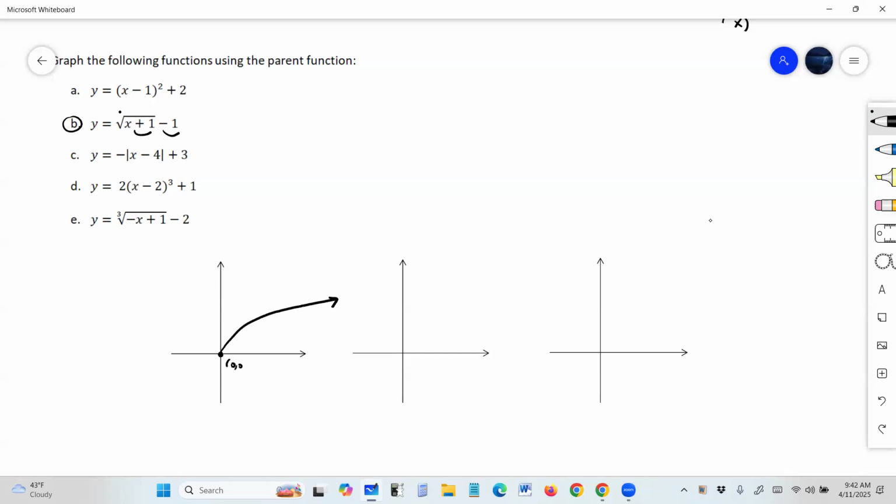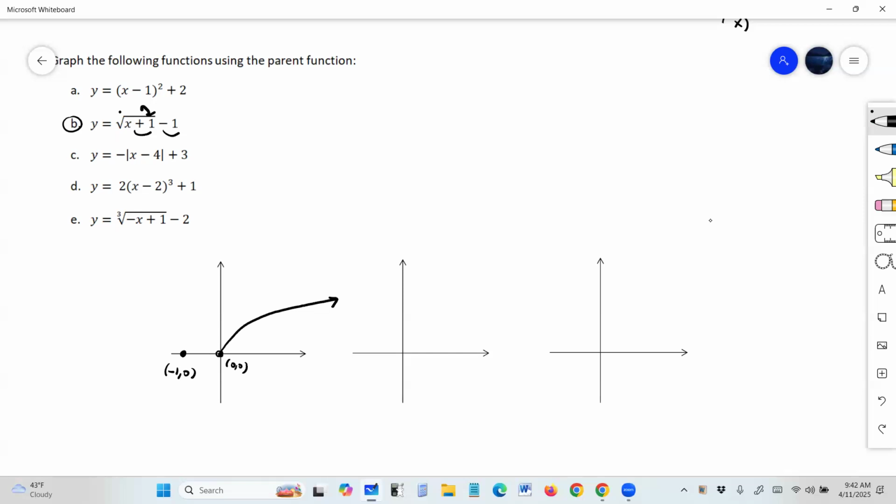Again, I take note of the key point, which is again at the origin, and I apply the transformation. So maybe now I am going to apply this transformation first, which is a shift to the left by 1 unit. So this location goes right here, and this new point is -1, 0.